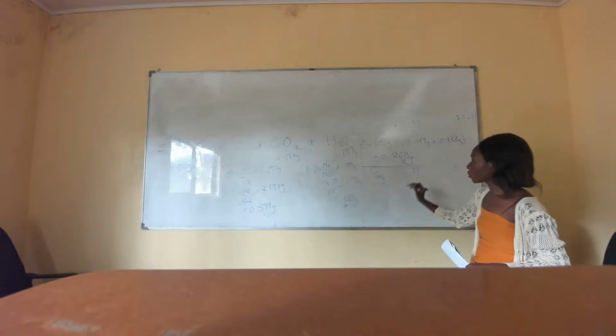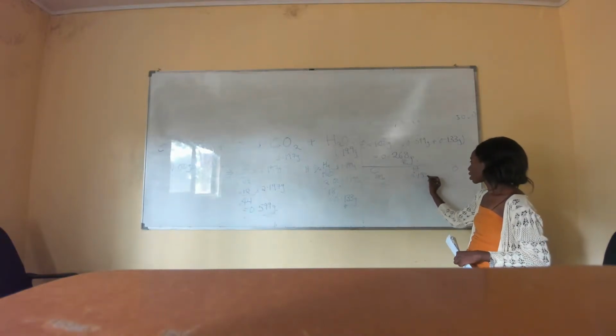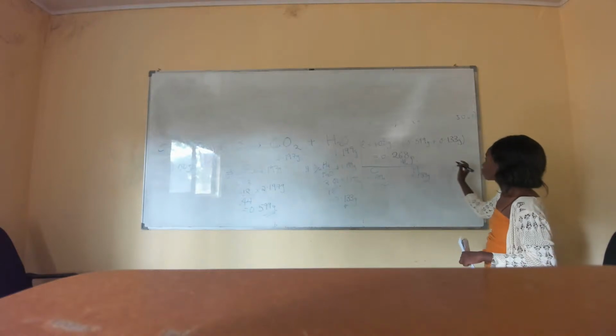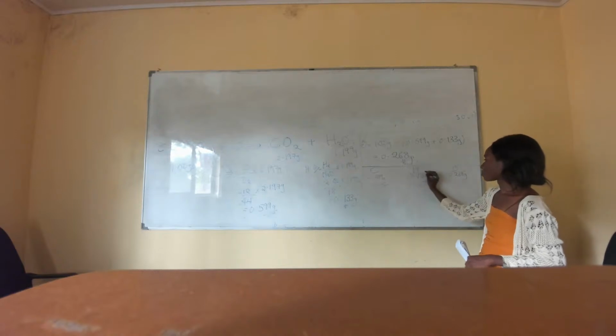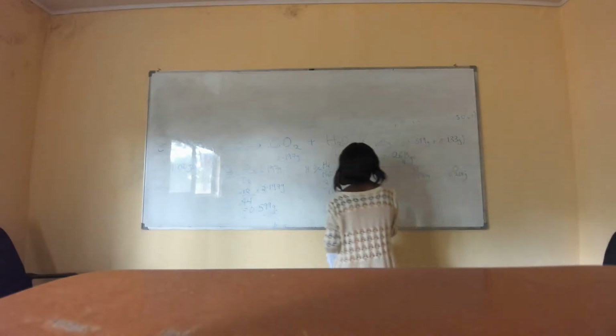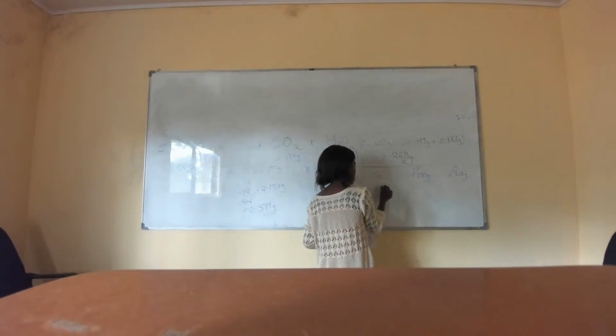The mass of hydrogen is 0.133 grams. And the mass of oxygen is 0.268 grams. So we have their masses. We now calculate their number of moles.